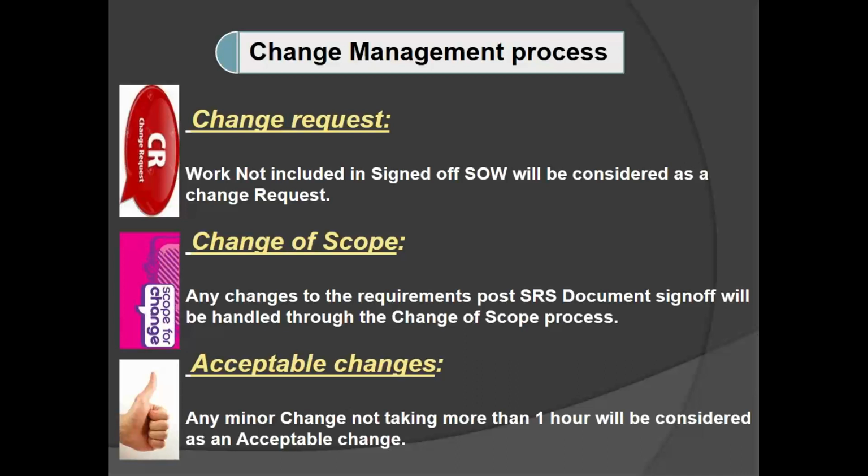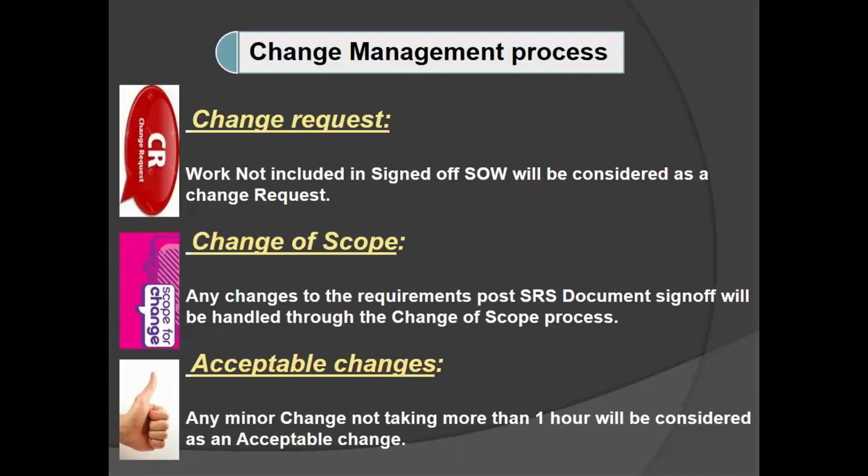Now the project manager is going to conduct a kickoff meeting, and he will finalize the resources that have to work for this particular project. After that, he will give sign off on that kickoff meeting, and then he will call the BA and ask the BA to prepare SOW, that is statement of work. How to prepare SOW, I have already explained in module number 6. After preparing SOW, we are going to show this SOW to the client.